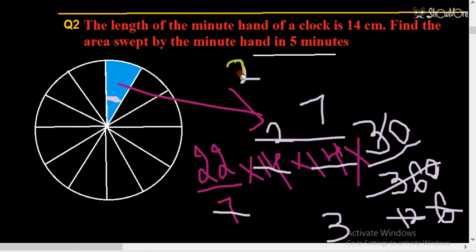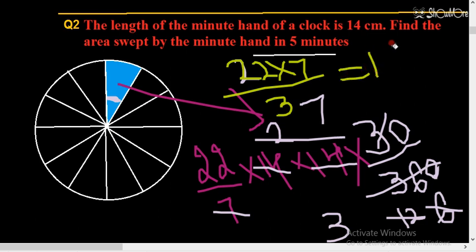So 22 into 7 by 3 will be my answer, that is 154 by 3. The area swept by the minute hand in 5 minutes is 154 by 3 centimeter square.